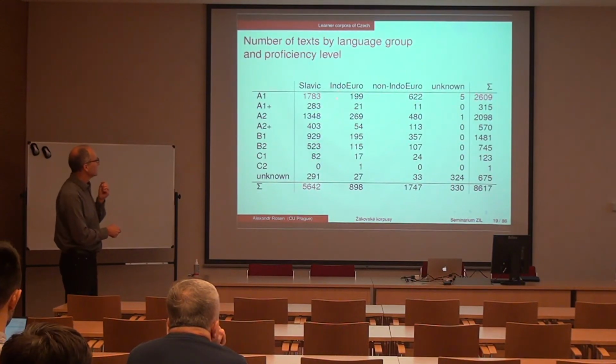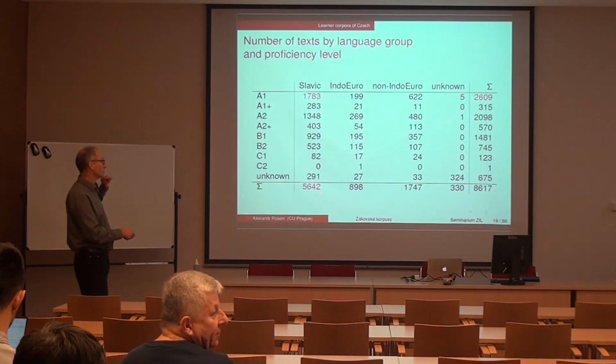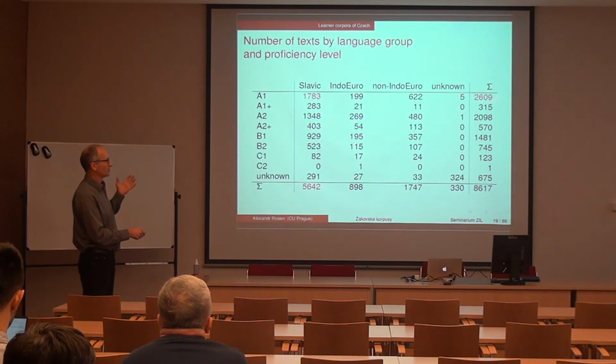Now this is how many texts we have for different proficiency levels and different first language groups. So you see that the Slavic group is represented best, so more than maybe 2/3 or even more, and then A1 Slavic is quite a strong number.